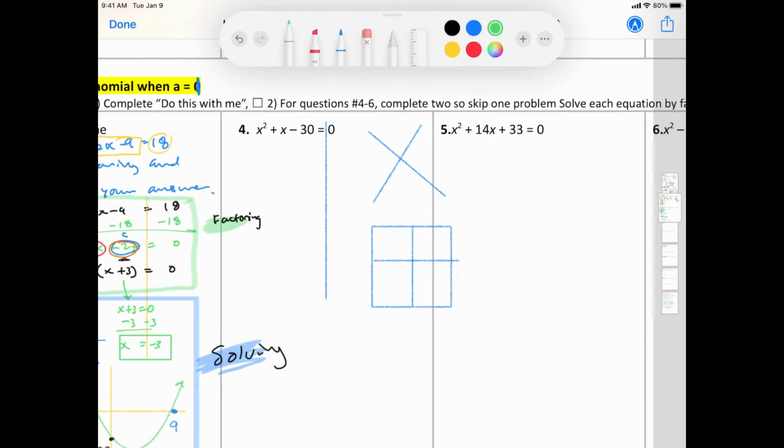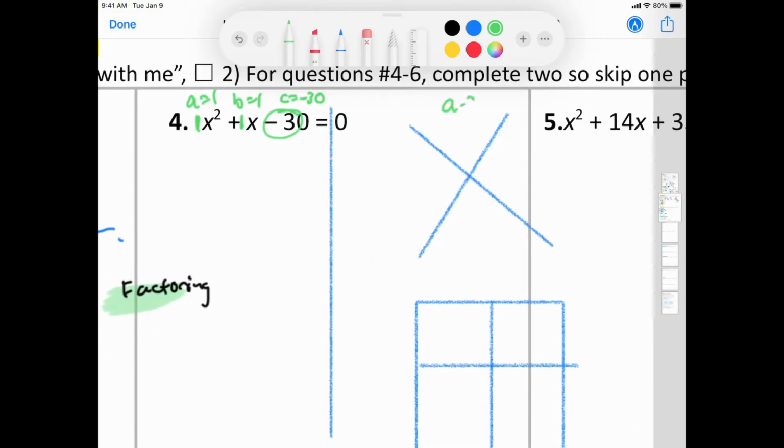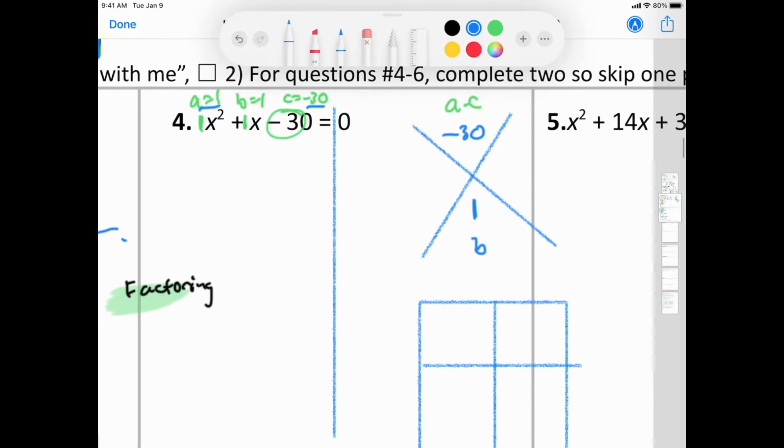Okay, so A is 1, right? There's a 1 right there. B is also 1, and C is negative 30. So A times C would be negative 30. My B value is 1.